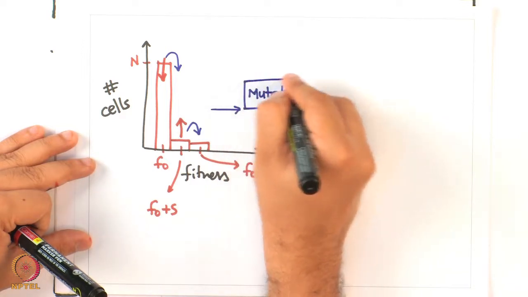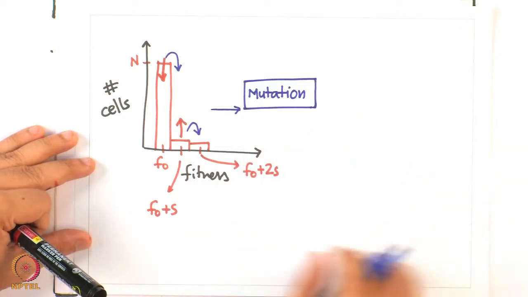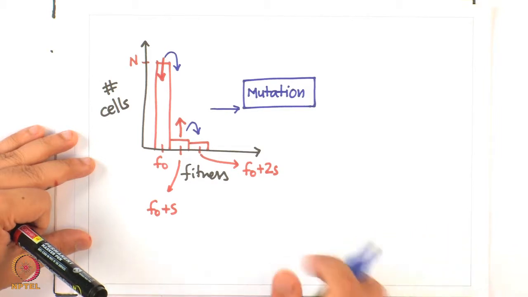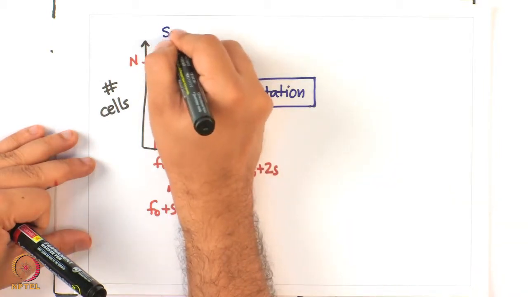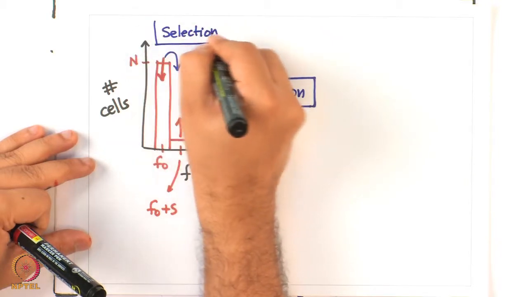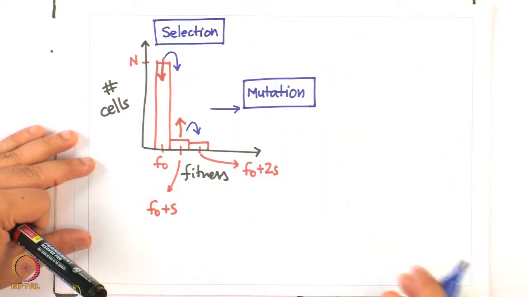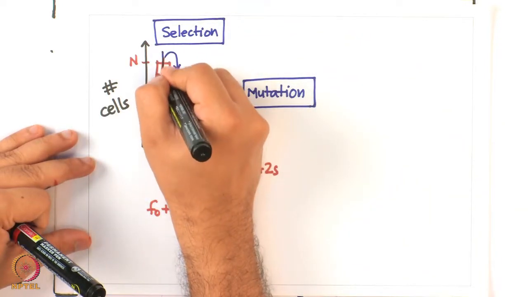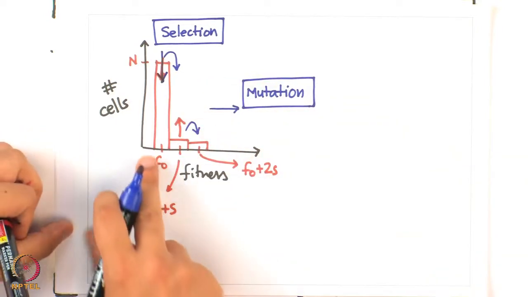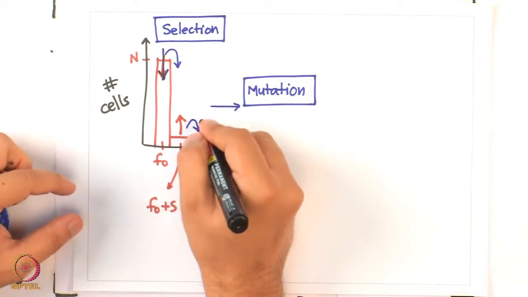Mutation keeps having newer genotypes arise in the population and keeps widening this distribution that we have. On the other hand, selection is trying to narrow this distribution. Selection is trying to weed out the less fit individuals from among this distribution, and that works towards removing individuals which correspond to this particular genotype, for instance in the picture that we have just drawn.